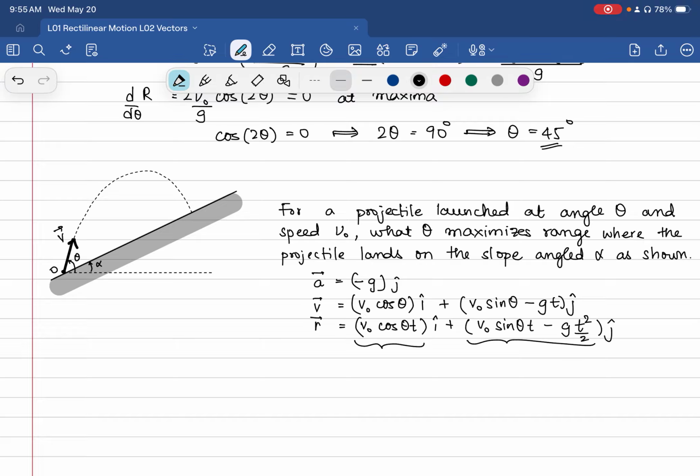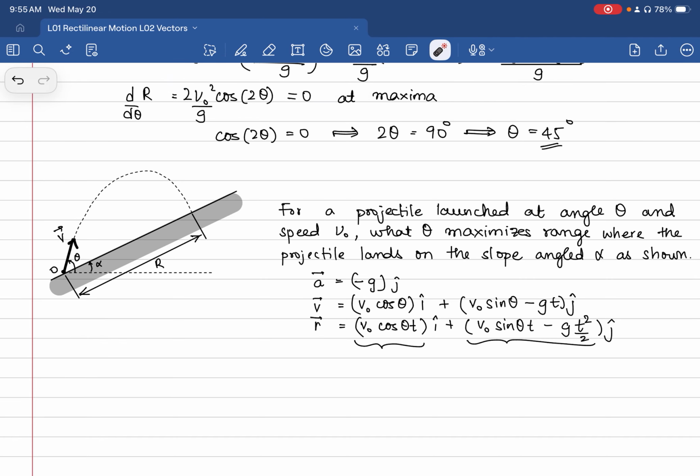So this range here would be something like what I've shown here. R. We're looking for what is R max, right? So previously this was going to 0. Instead of that, now this here is going to be R sine alpha, right?